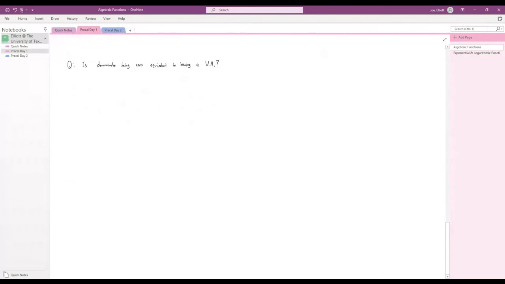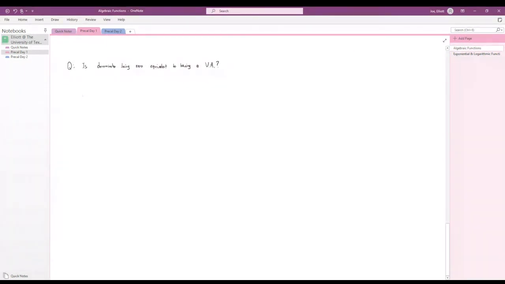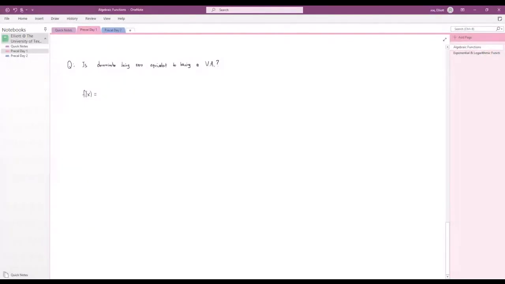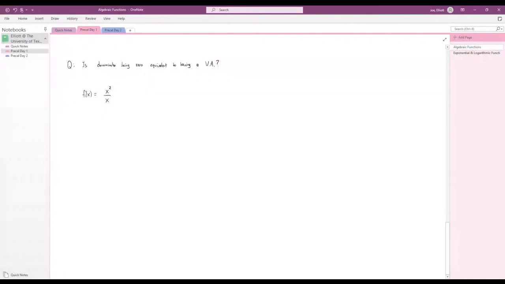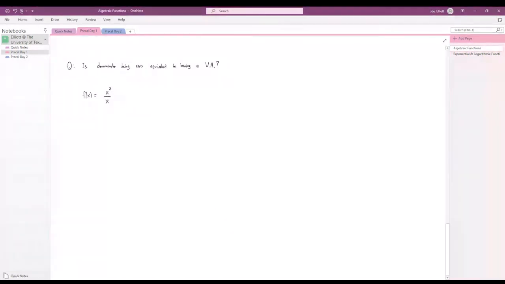Just a simple example of that would be this function, x squared over x, okay? This function seems kind of strange, because probably what you're immediately thinking is, can't we just cancel out an x from the numerator and denominator?